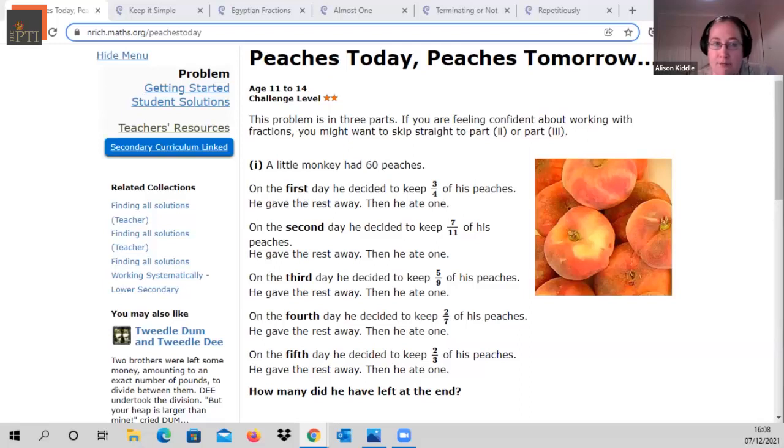That's a really nice strategy for working out quarters, but it's not going to be generalizable for working out everything. So I suspect that the story you would tell for the second day, when you're starting with 44 peaches and keeping 7/11 of them, you might have to tell a slightly different story. And as nobody's shared anything in the chat yet, would you like to share your story for the second day?